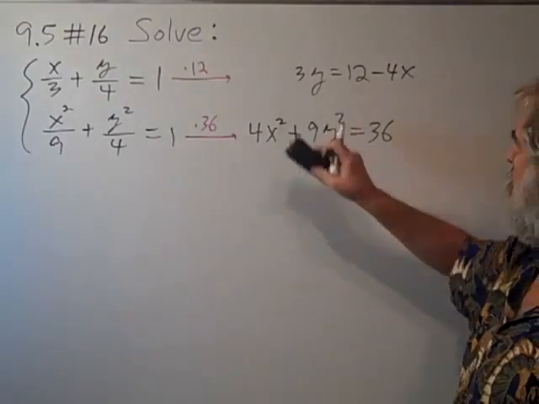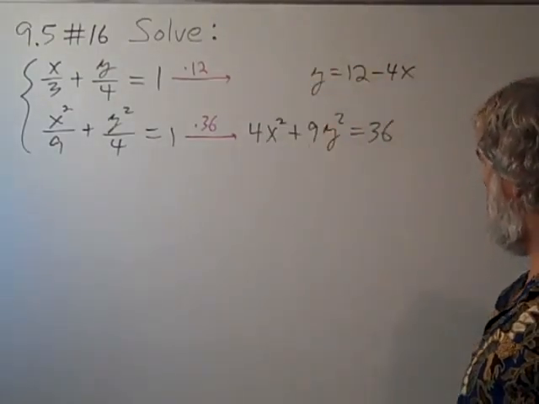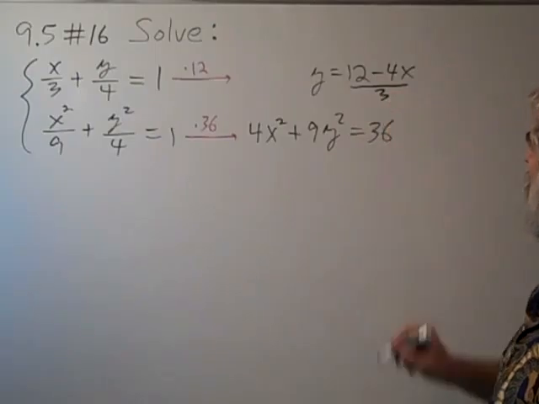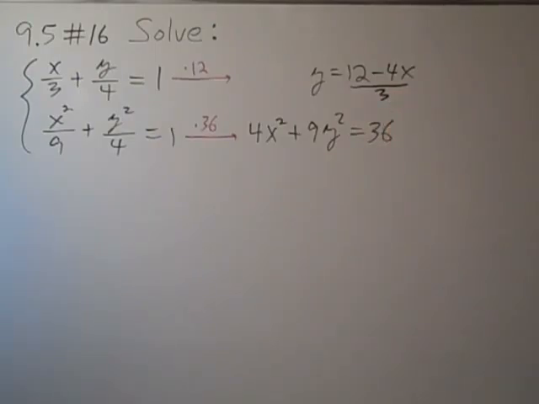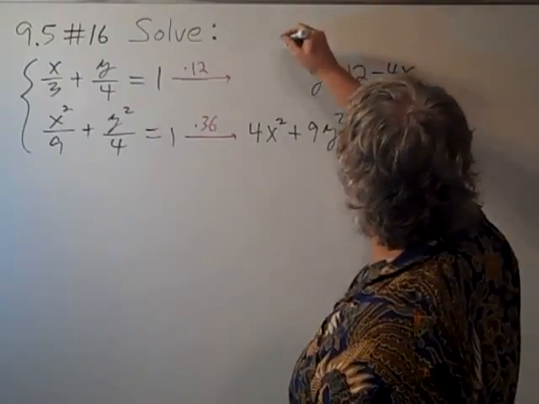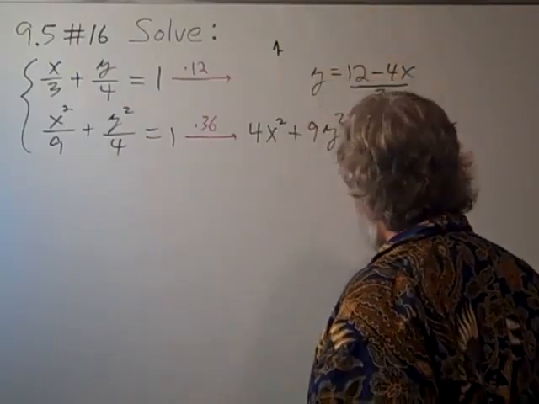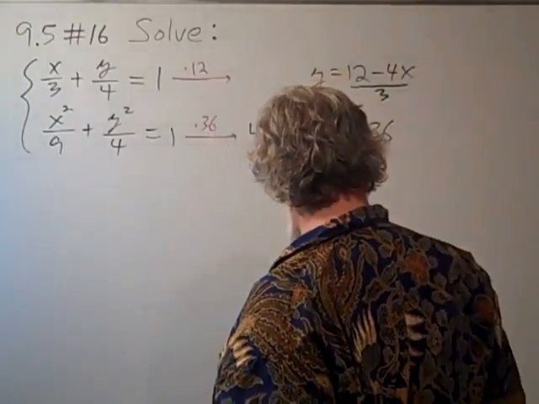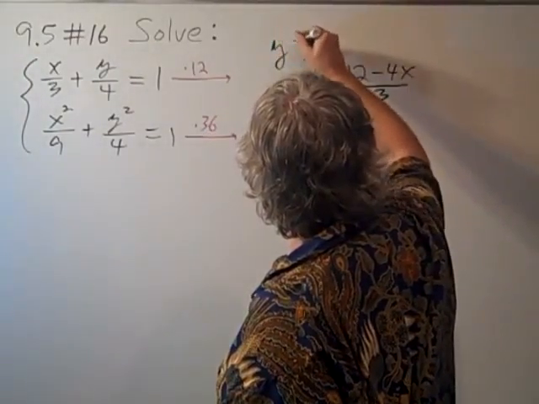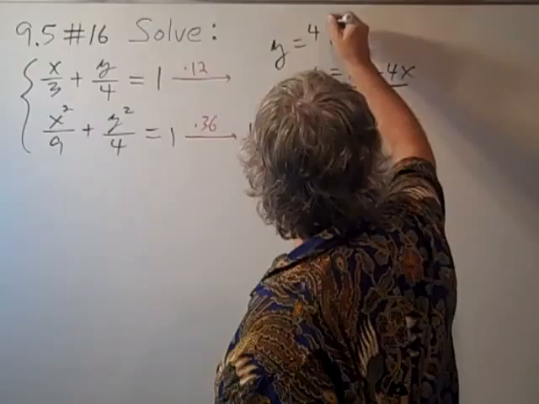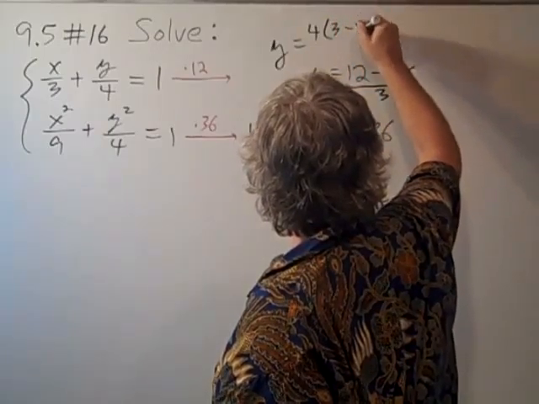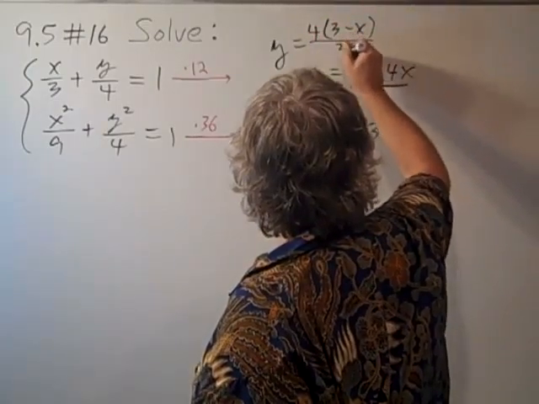Then if I divide by 3 on both sides, I've solved for y. Let's just factor a 4 out of the numerator and we get that y is equal to 4 times (3 minus x) divided by 3.